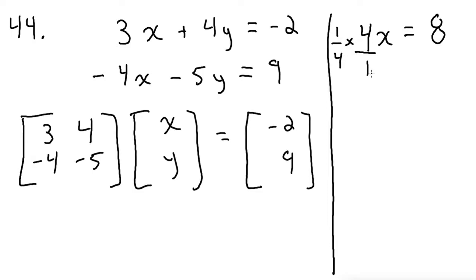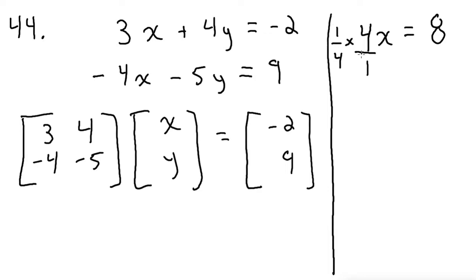4 times 1 will be 4. So 4 divided by 4 is going to be 1. So all of this would go away. And I made all this go away by simply just multiplying by this right here. So this and this are called inverses. This is the 4 that I want to get rid of, and I'll multiply it by the inverse, which is 1 over 4.